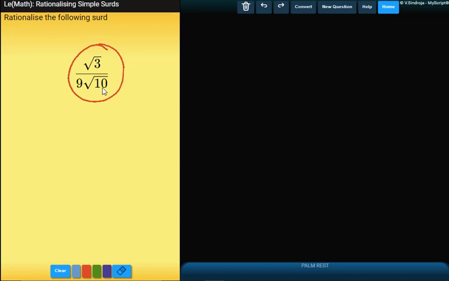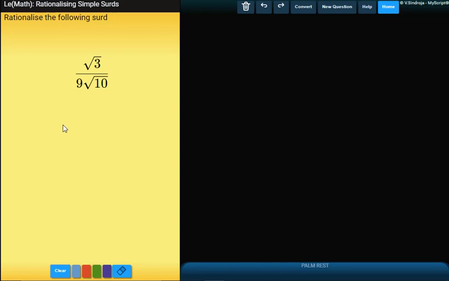That's the basic principle. We're trying to get rid of the surd. Remember, the surd is just the square root part on the bottom of the fraction. In terms of calculations and working with it, it makes it a bit difficult, and we're trying to simplify it, in essence, to get rid of that surd on the bottom.